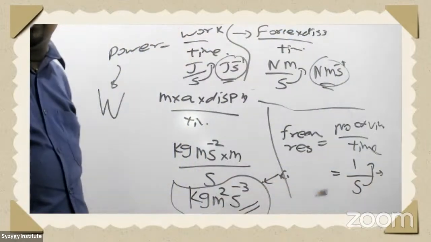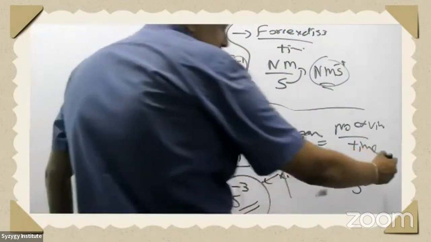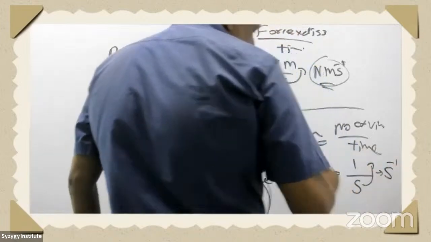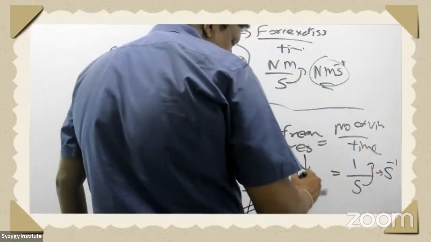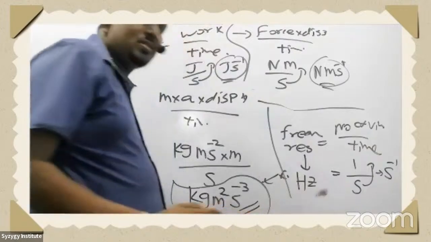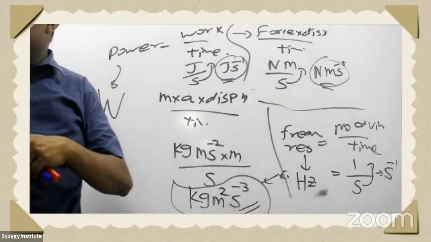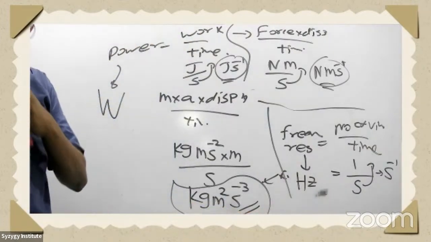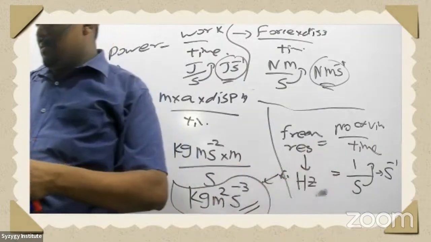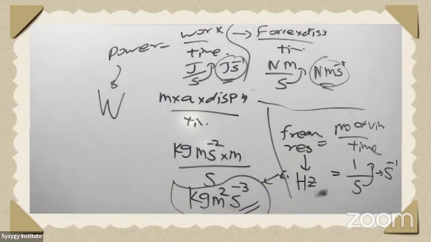Then the unit of number of vibrations per time is per second. We have a specific name, hertz, Hz, the name of a person. But in your resource book, they haven't mentioned all these units.